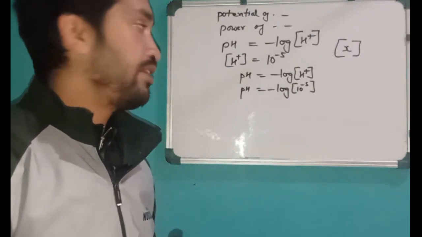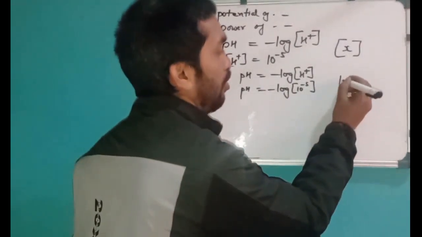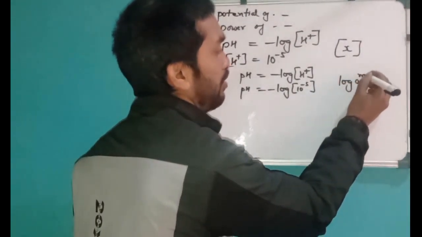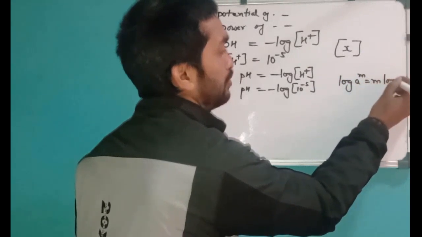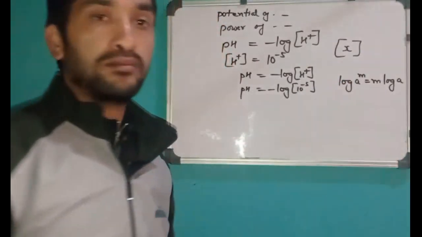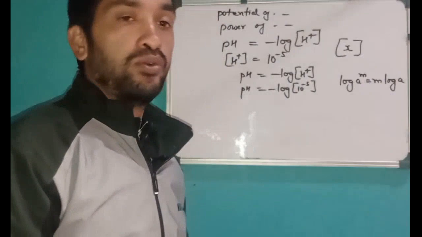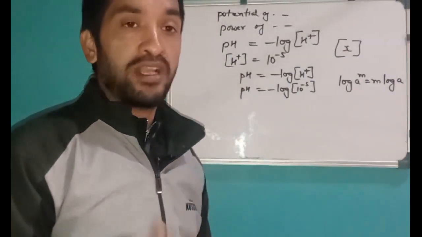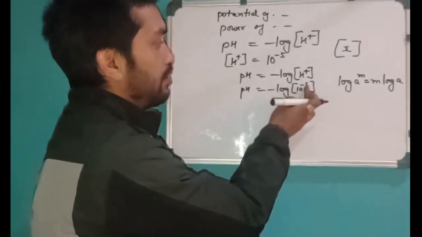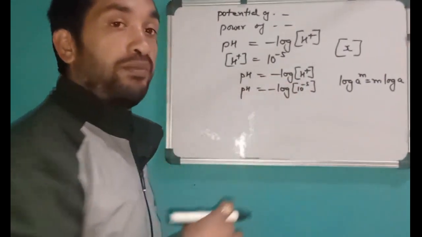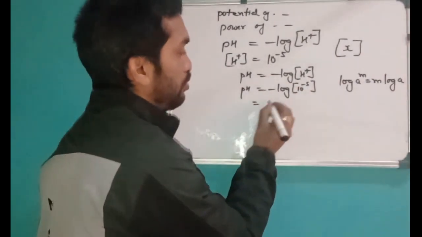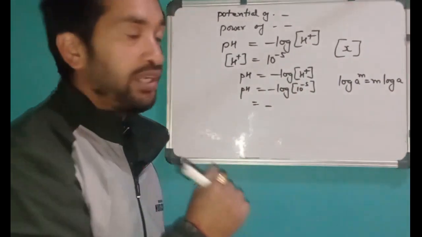Now according to the logarithm, log a to the power m is equal to m log a. I hope you know this formula. Log a to the power m becomes m log a. So minus 5 is going to move before log. Here I will use this minus, which is already there.